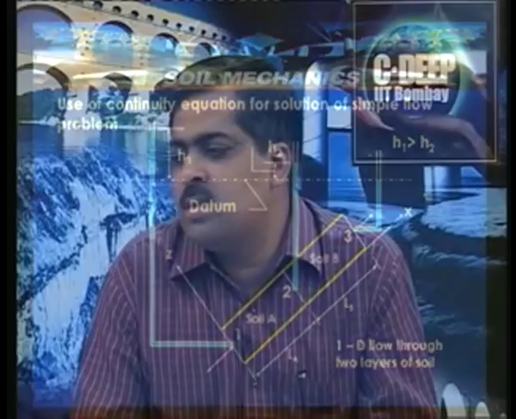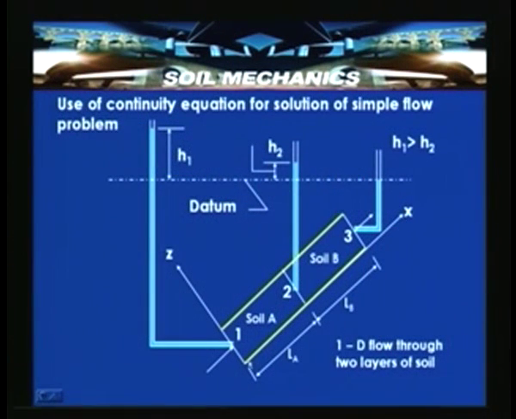The total head driving the flow from 1 to 3 is around h1. This is one dimensional flow through 2 layers of soil, and after deducing an expression for 2 layers, we can easily apply it to one dimensional flow through a single layer. H1 is greater than H2, which must be noted, because when the flow takes place, head loss occurs, so H2 will be less than H1.